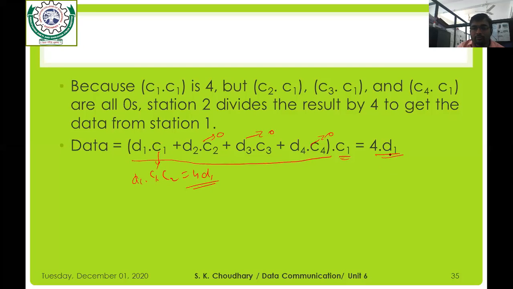The result is then divided by 4, and you finally get the data D1. In this way, station 2 listens to what station 1 is saying, and codes can be communicated over the channel by multiple stations.